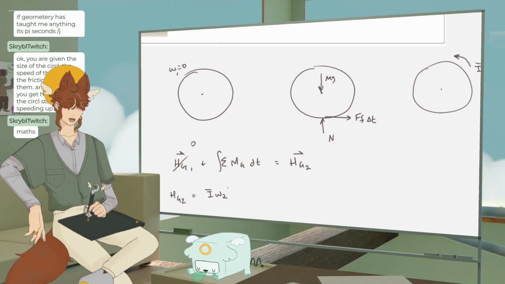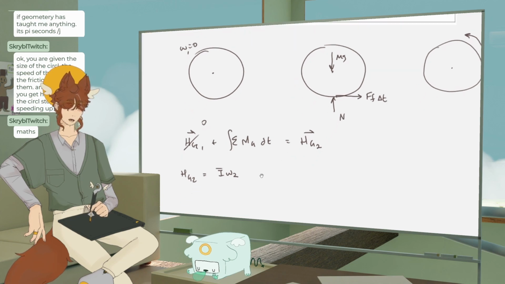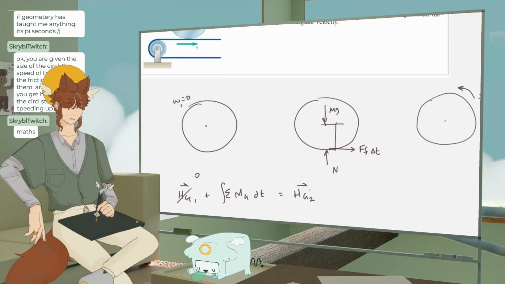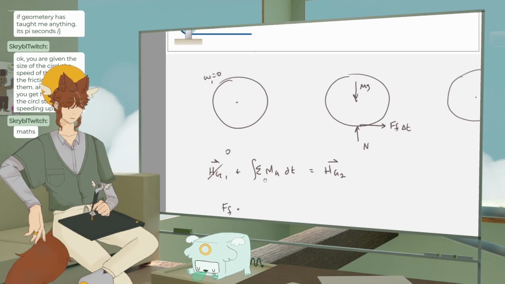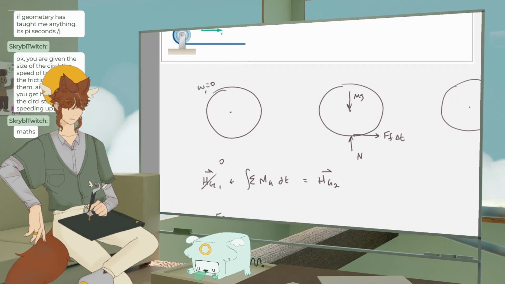It's literally just I bar omega 2. That's pretty straightforward. Okay, so we're going to say the sum of the moments. So this is going to be this force here, so friction, times this distance that it's away from it. So that is, I'm just going to say times the radius. And that's going to be where if we move our hand, it's going to turn it in the positive direction. And that's going to equal I bar omega 2.